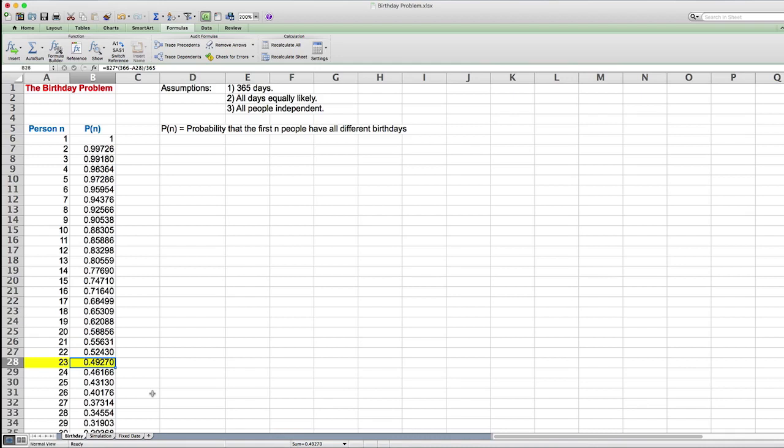So as soon as there are 23 people in the room, and assuming our assumptions apply, then the probability of all of us having birthdays on different days is already below a half. That now means with 23 people, the probability of at least one pair is larger than a half. That's very counterintuitive and quite surprising.